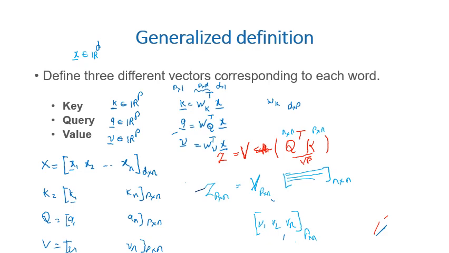So when I compute Z1, Z1 would be a summation of V1 to Vn with these coefficients. So it's a weighted sum of all of the words, when we are looking at the words as values, the value representation of the words. So basically that's the generalized form of attention.